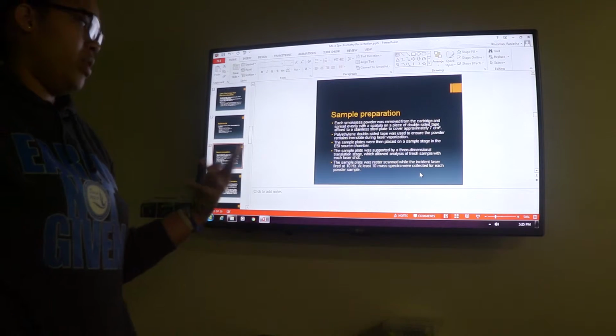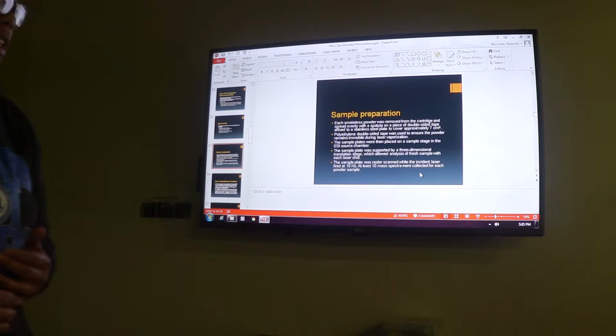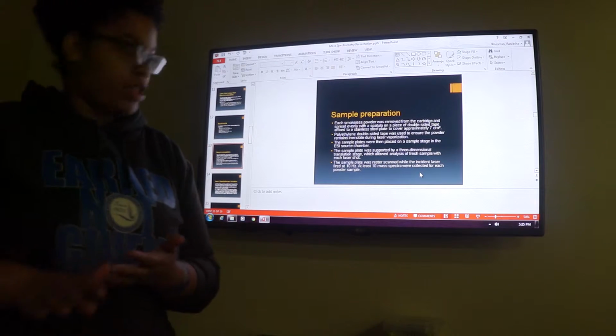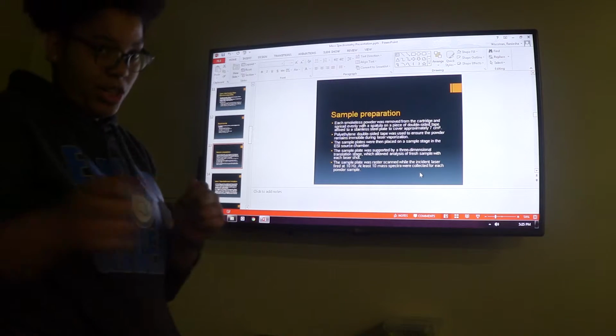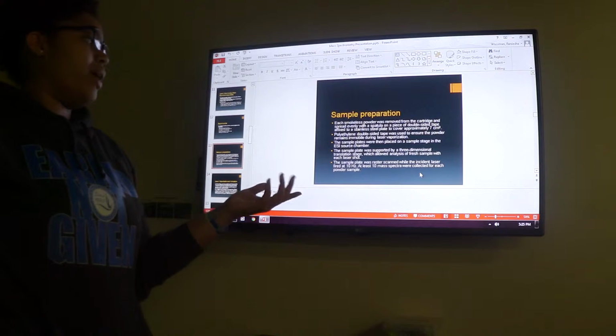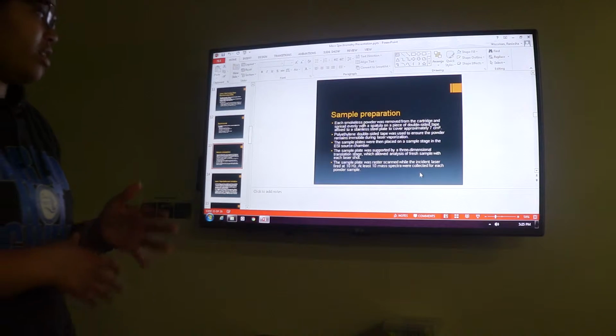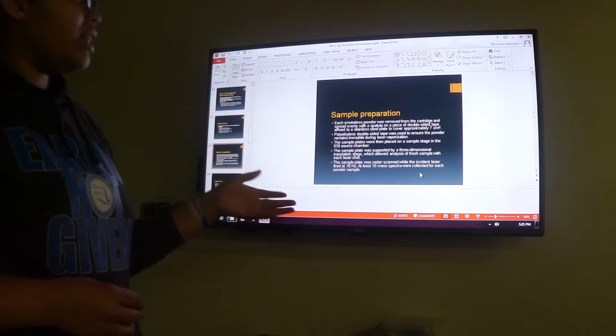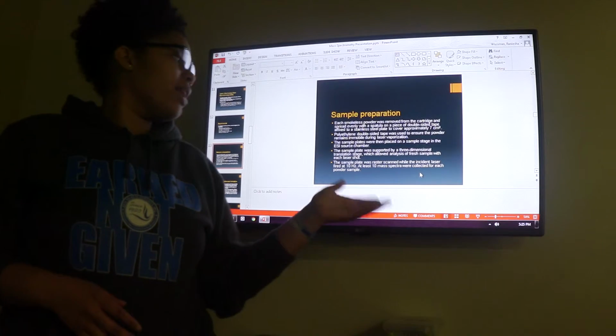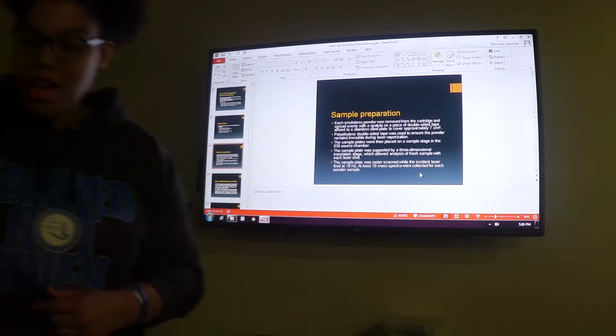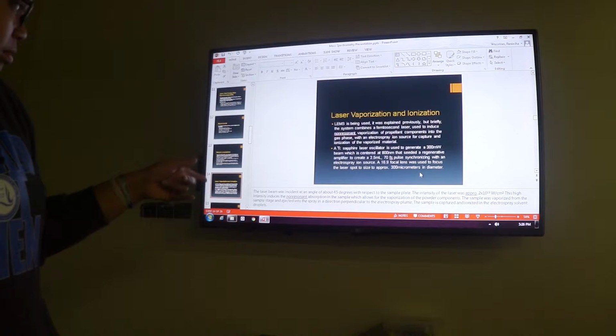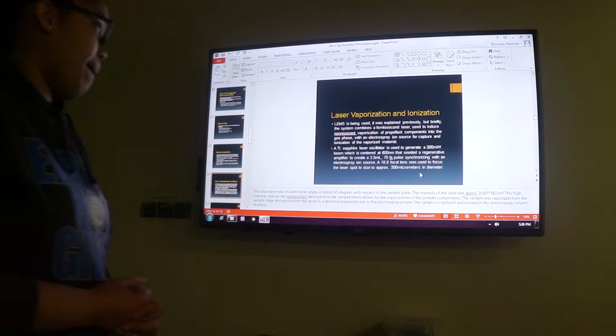Each sample plate was supported by a 3-dimensional translation stage, which allowed fresh sample to get hit with each laser shot. The sample plate was raster scanned with the incident laser fired at 10 hertz, and at least 10 mass spectra were collected for each powder sample. So they had a good amount of data for each set.